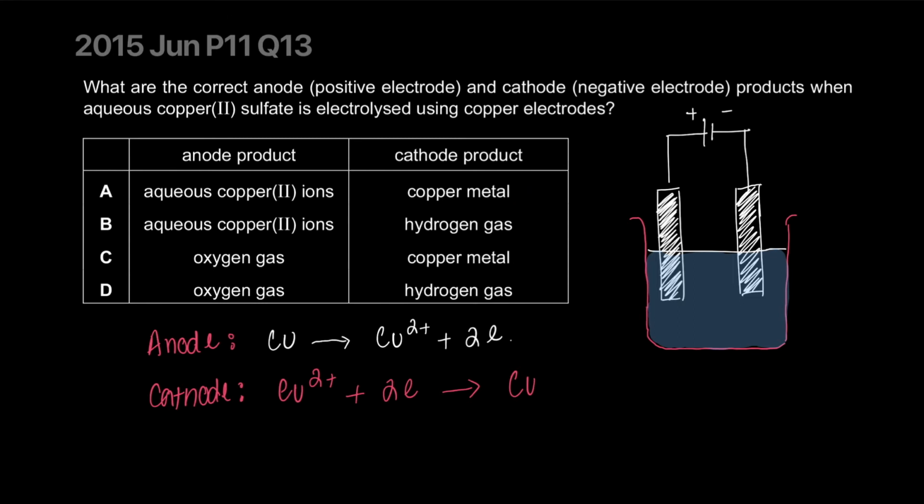So A is our answer. You won't have oxygen gas or anything else, so the other options aren't really it. So we kind of worked it out. It's very reminiscent of the extraction of copper, electrolysis.